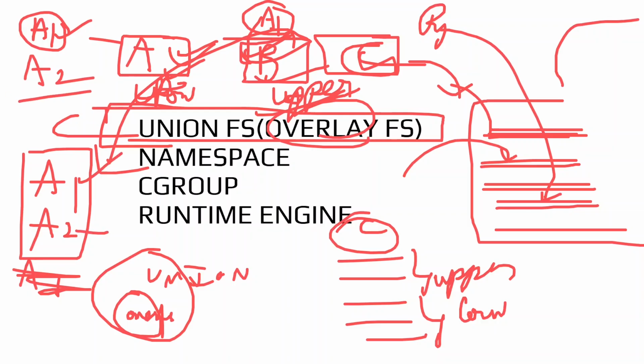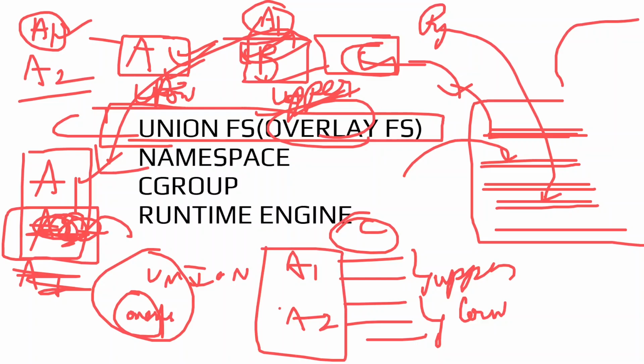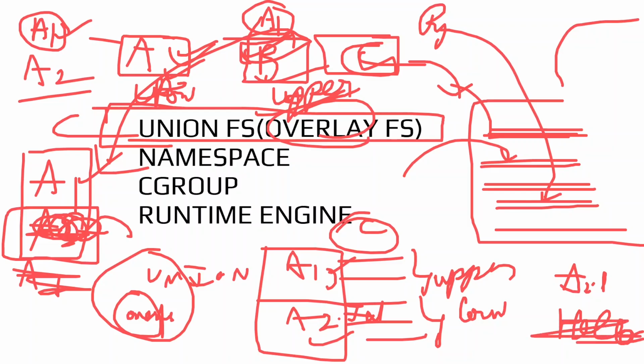Now what happens when I delete A2, or when I write something in A2, when I modify some file in the lower region? We have A1 from the upper and A2 from the lower. I try modifying this A2.txt which came from the lower. Suppose A2.txt has hello world in it, and I modify hello to hi.